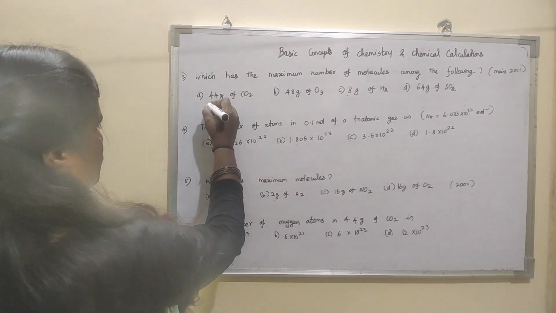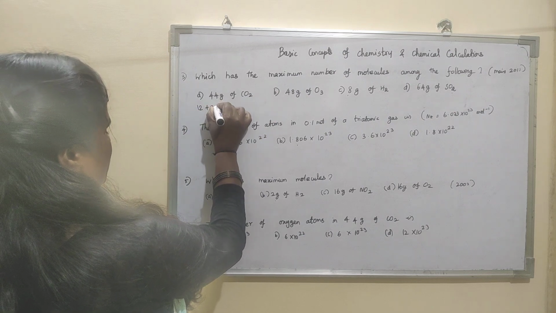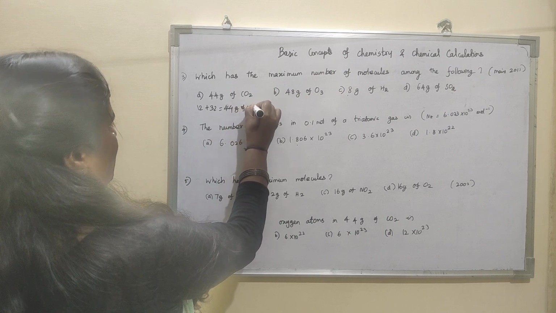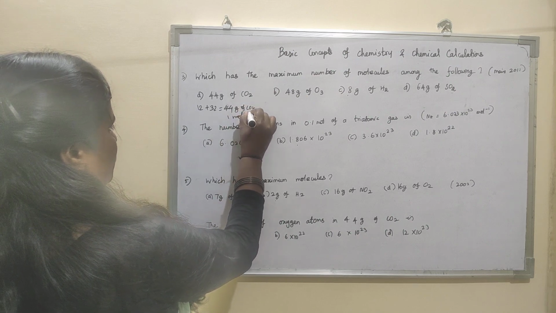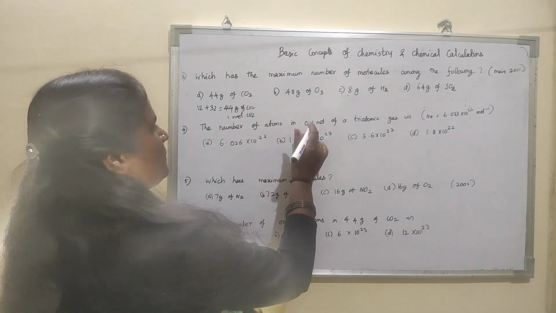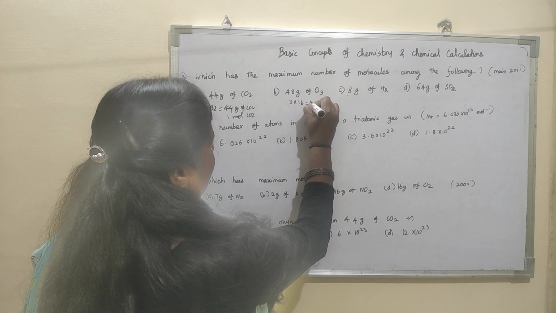First, 44 gram of CO2. Carbon is 12, 2 oxygens are 32, so it is 44. So 44 gram of CO2 is 1 mole, which means it contains the Avogadro number of molecules. In 48 grams of O3, 3 oxygens, 3 into 16, is 48.